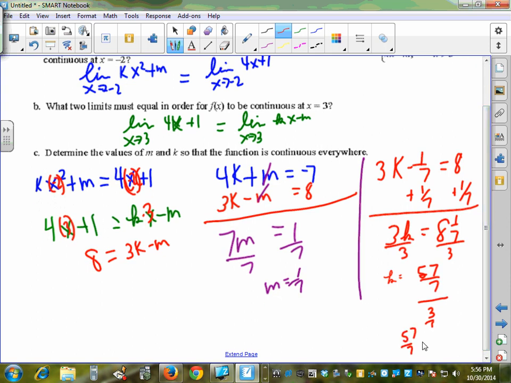Leave, change, flip. 3 will go into itself once. It'll go into 57 19 times. So we get 19 sevenths, or 7 goes in the 19 2 times with 5 left over.